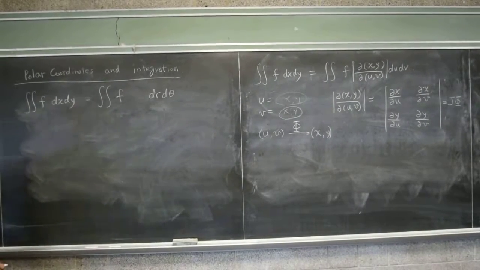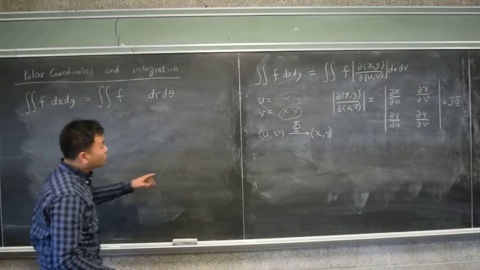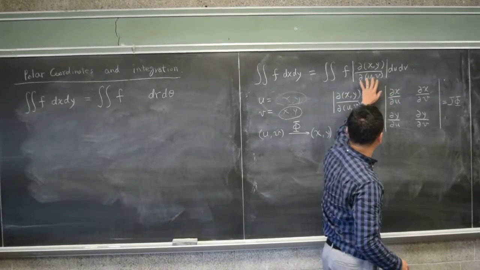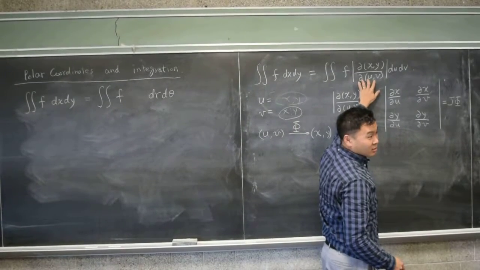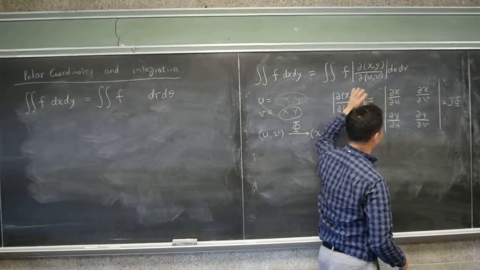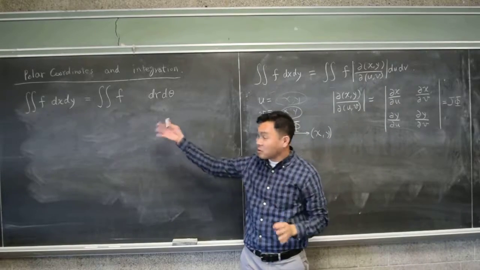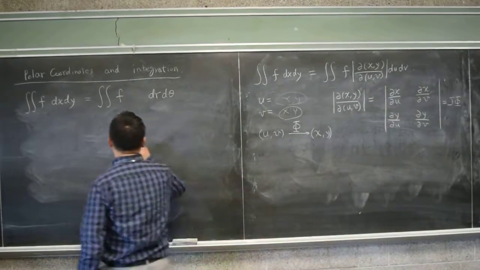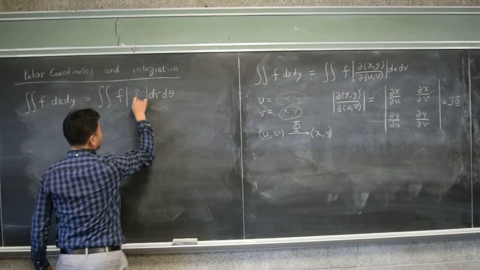Now the question is, according to this formula for change of variables in 2 dimensions, what is this quantity? If I'm doing some change of variables, there must be something there, and what is this quantity? So I want to figure out what this is.